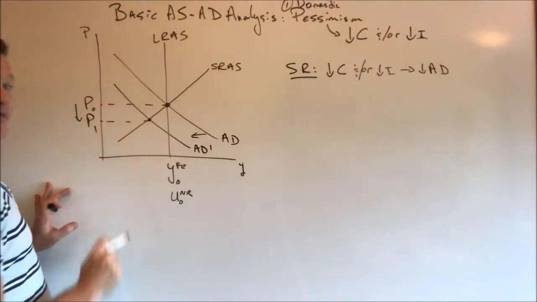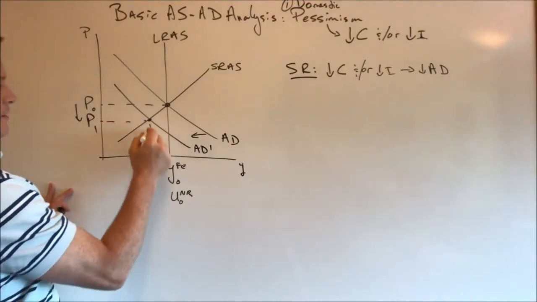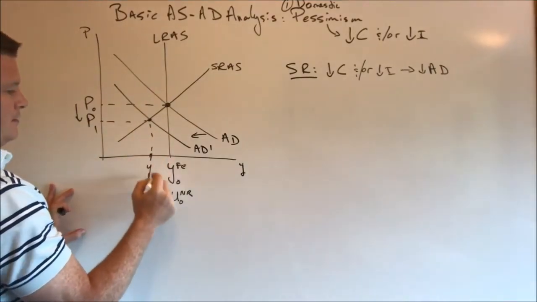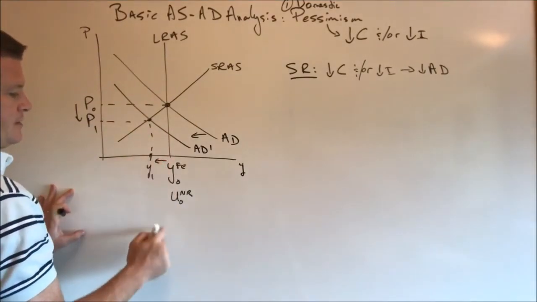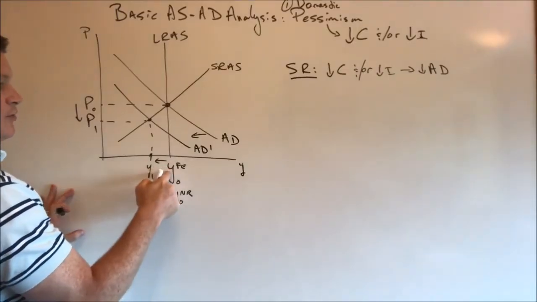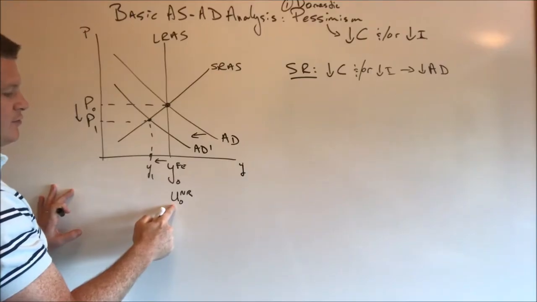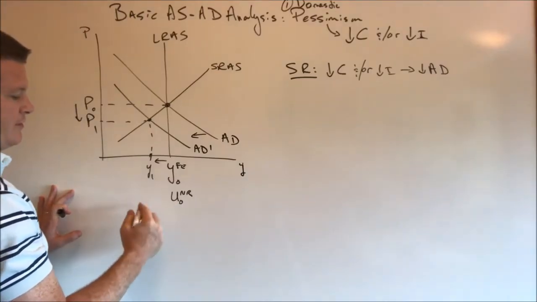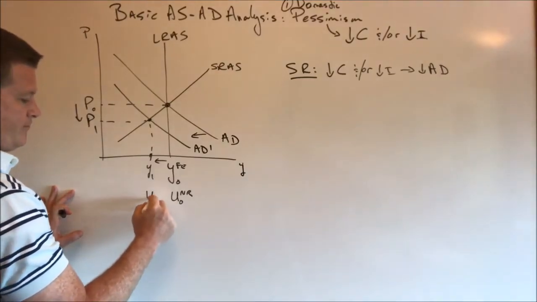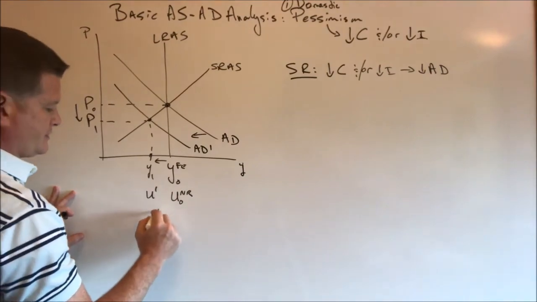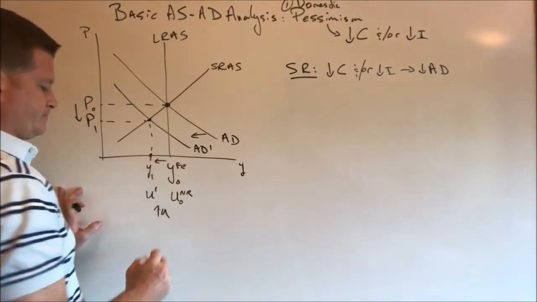The price level falls and output falls. You're at full employment when you're here at the natural rate of unemployment, so when output falls, unemployment actually goes up. This is an increase in unemployment.